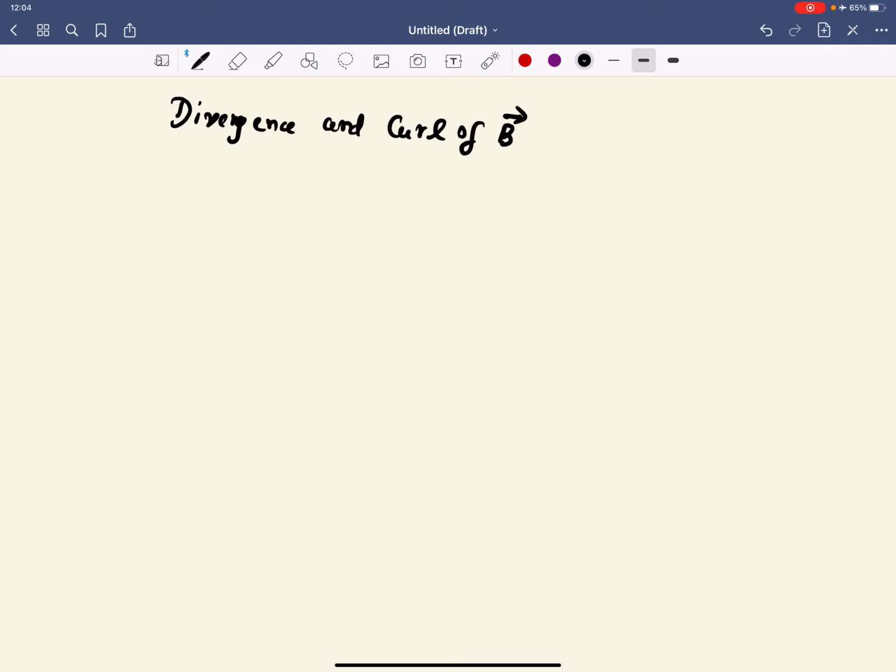Since we know the magnetic field, we can take its divergence and curl also. This magnetic field has a curl nature, so it is also known as a pseudo vector.